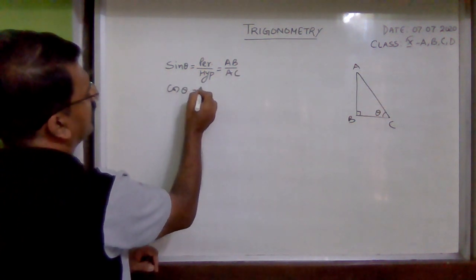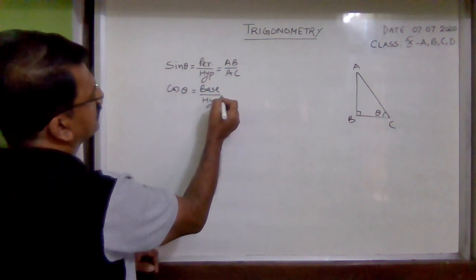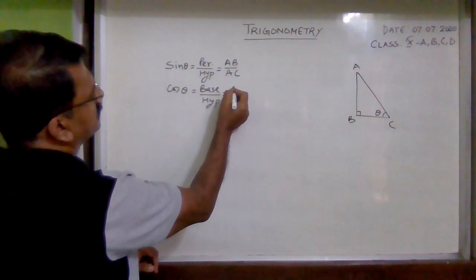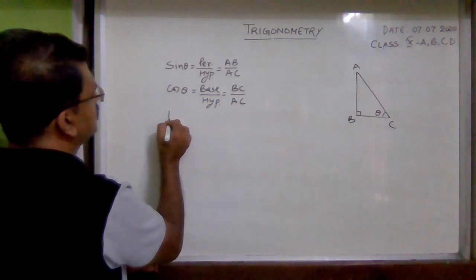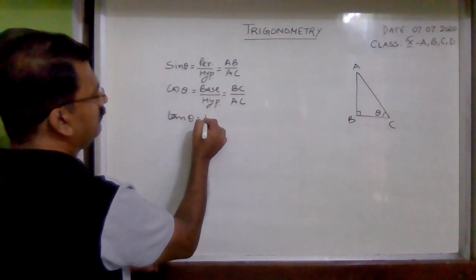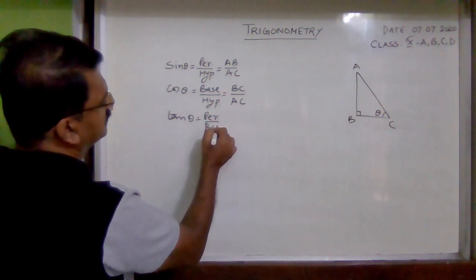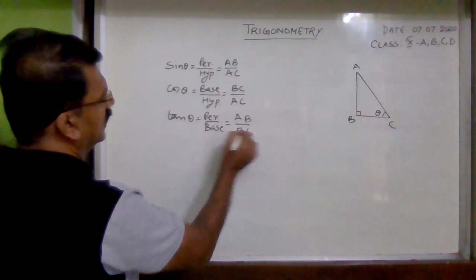Cos theta is base upon hypotenuse, that is BC upon AC. Tan theta is perpendicular upon base, that is AB upon BC.